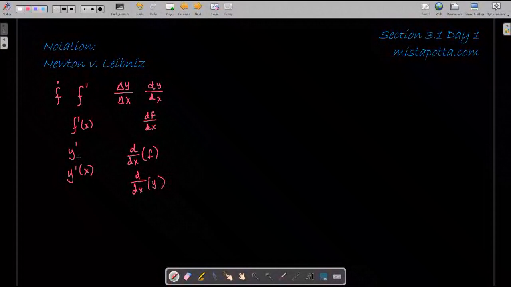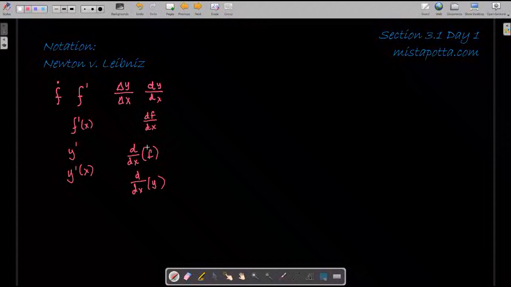And these are a lot of different ways of saying the exact same thing. What is the function that represents the instantaneous rate of change? What is the function that represents the slope of the tangent line?